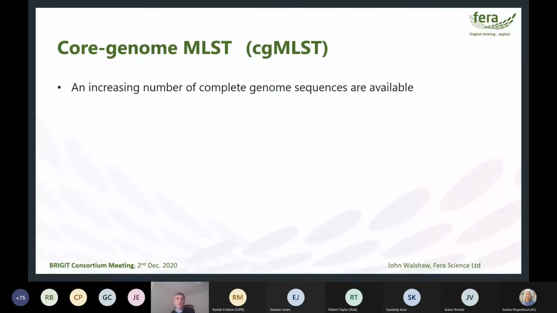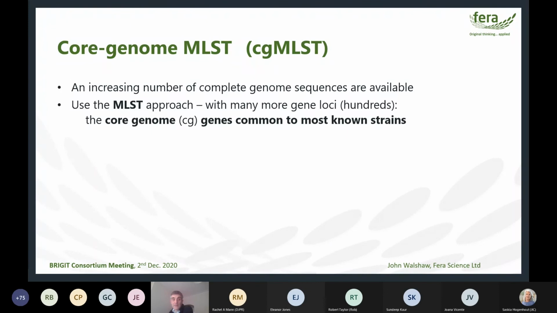So I'm just going to get on to core genome MLST now. Obviously there's an increasing number of complete genome sequences available in the databases. So very simply, it might make sense to extend the traditional MLST approach with many more gene loci. The approach is to use the core genome, which means the genes common to most known strains. They may number hundreds, perhaps even thousands.